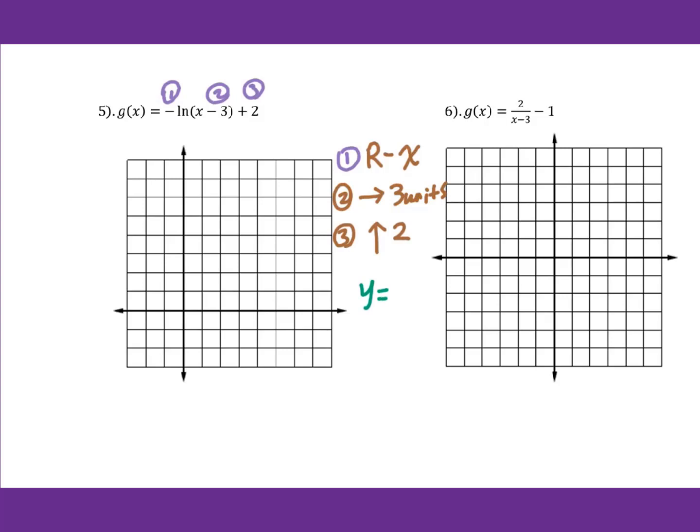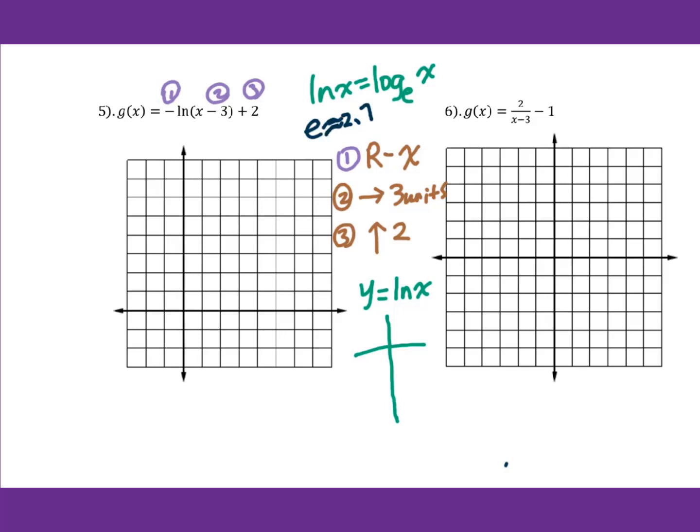The parent function will be y equals natural log of x. Natural log of x basically means log base e of x. e equals 2.7. We use 2.7.